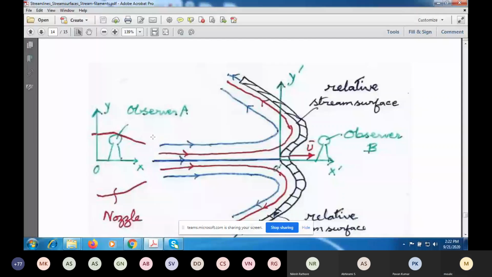Here we have two coordinate systems, O, X, Y, which is a stationary or fixed coordinate system, and a coordinate system which is moving or translating. This is fixed to the vane or blade or bucket of the Pelton turbine. The translating coordinate system has been denoted by O prime, X prime, Y prime.